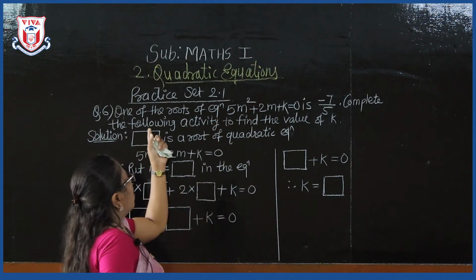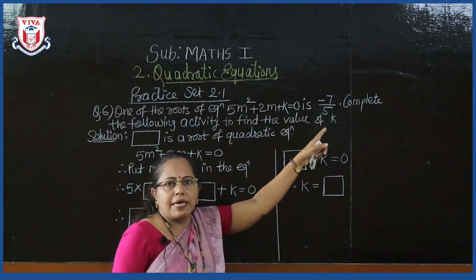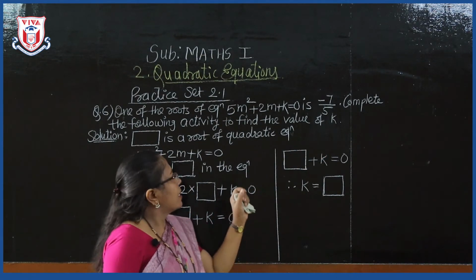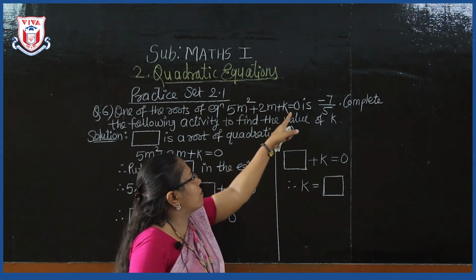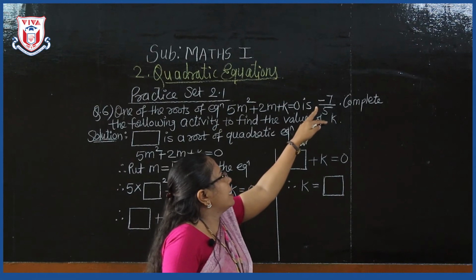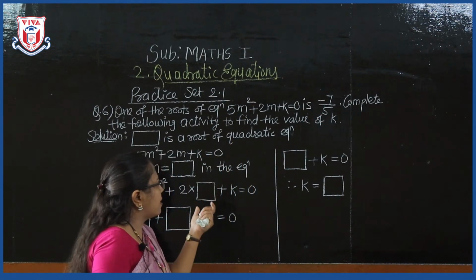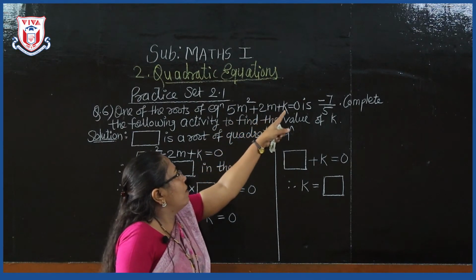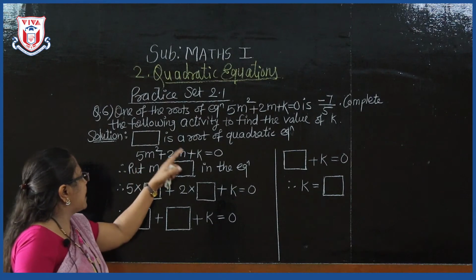Complete the following activity to find the value of k. The equation is 5m square plus 2m plus k equal to 0 and one of its roots is minus 7 upon 5. So we have to complete this activity to find the value of k. Followed? So here we will complete this activity.